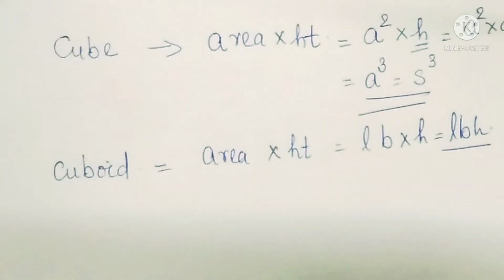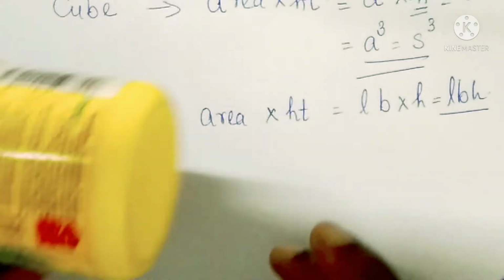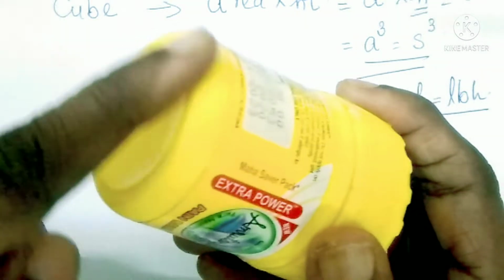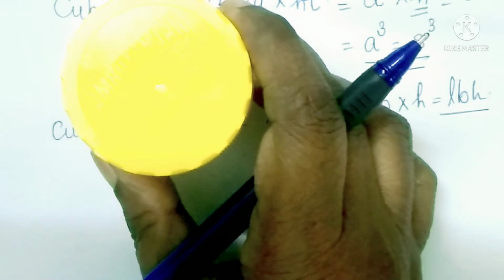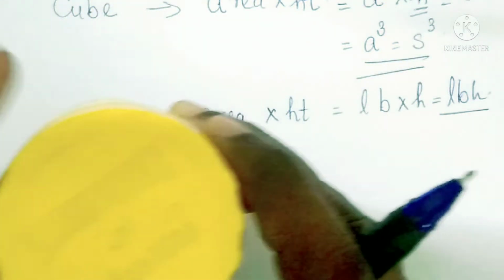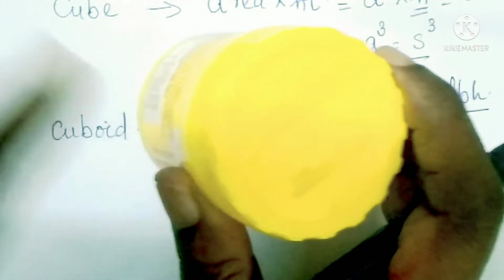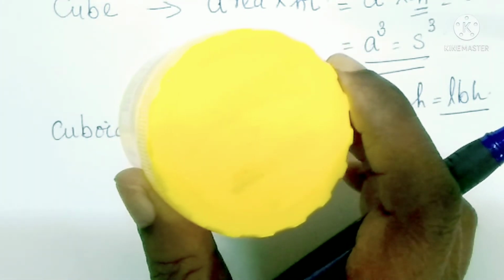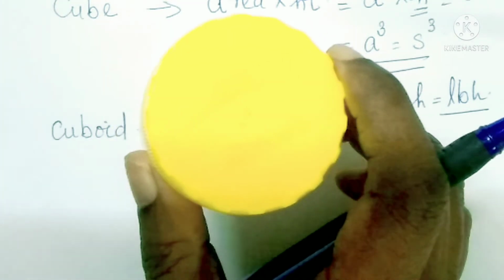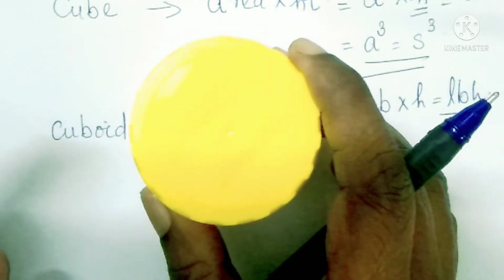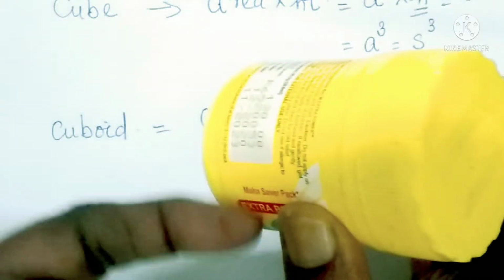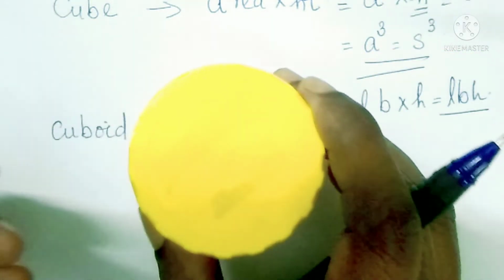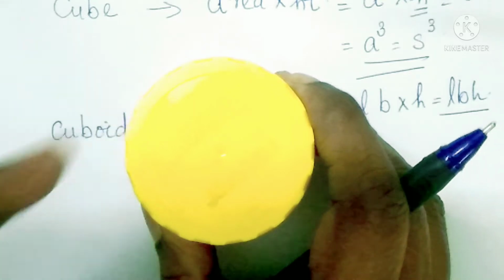Now if you think of the cylinder, again our yesterday's tin is here. See, this is a circular face. Here also you have a circular face. In this particular case these two are not equal, but usually a cylinder has both plane surfaces of equal size. So what will be the space occupied by this particular tin? It is equal to the area of the base multiplied by the height.